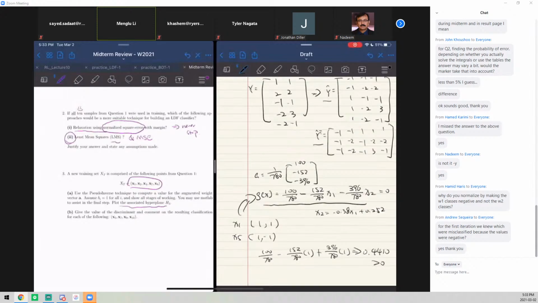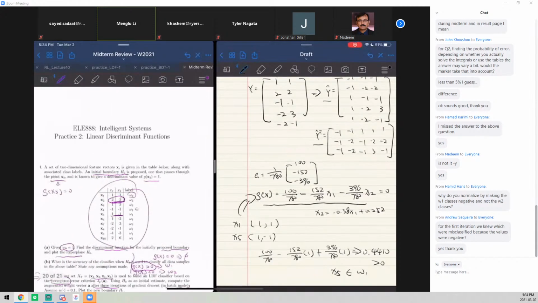Then this g function will classify x5 as belonging to class 1, which is correct here. It's class 1.